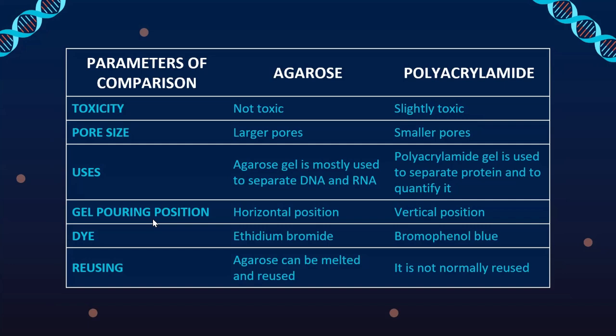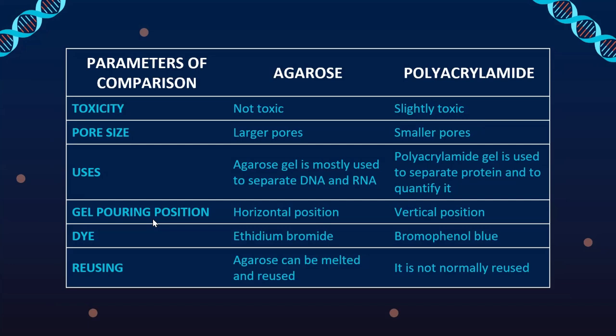So for toxicity, agarose is not toxic, while polyacrylamide is slightly toxic. When it comes to pore size, larger yung pores ng ating agarose, kaya mas okay siyang gamitin for a larger DNA. And then polyacrylamide is smaller yung pores niya, kaya it's much better if yung samples natin are in a smaller form.